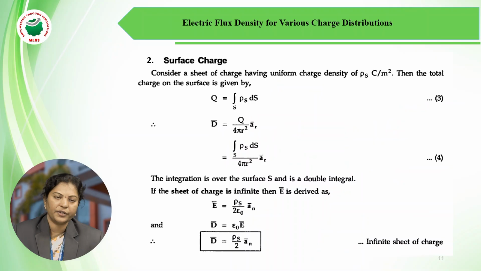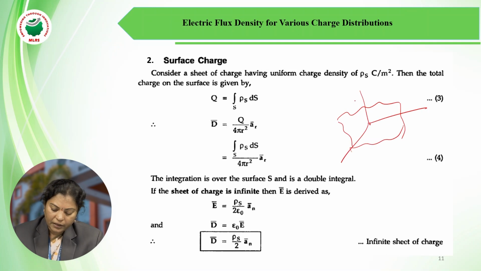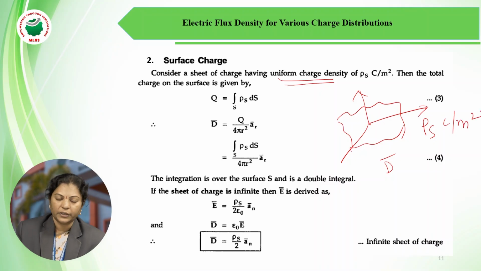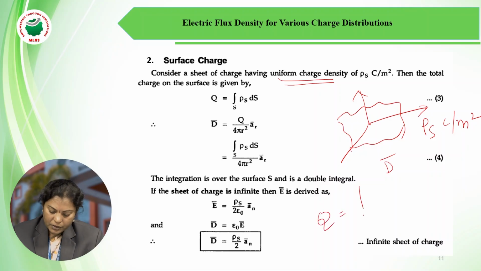Next, surface charge. For surface charge, I am considering a sheet of charge like this, and I need to calculate the electric flux density due to the sheet of charge. On this surface I take a uniform charge density rho s coulomb per meter square. Then the total charge on this surface is Q equal to the surface integral of rho s into ds.